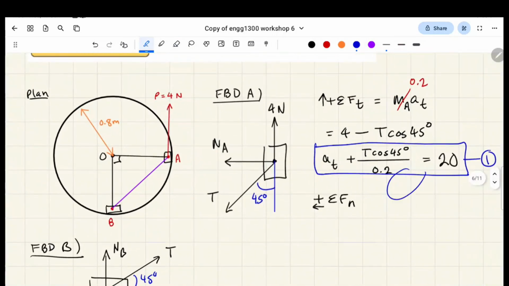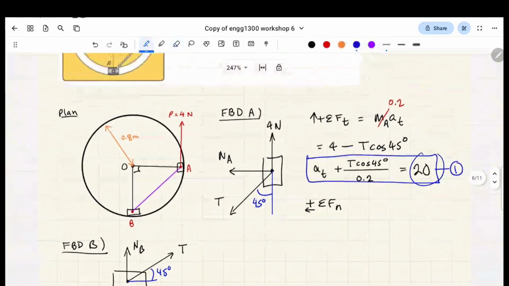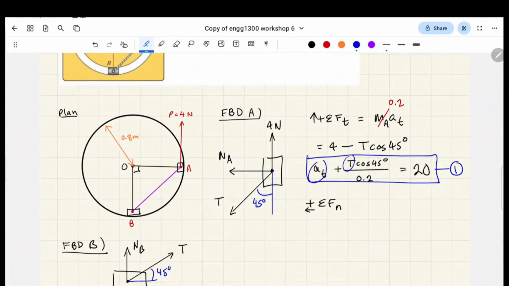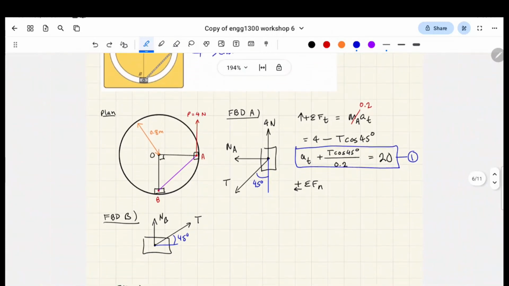Here's the constant, and our variables T and aT, the tangential acceleration, set up like that.